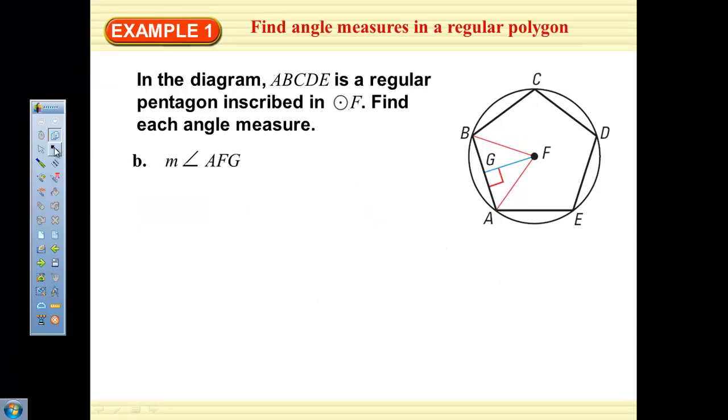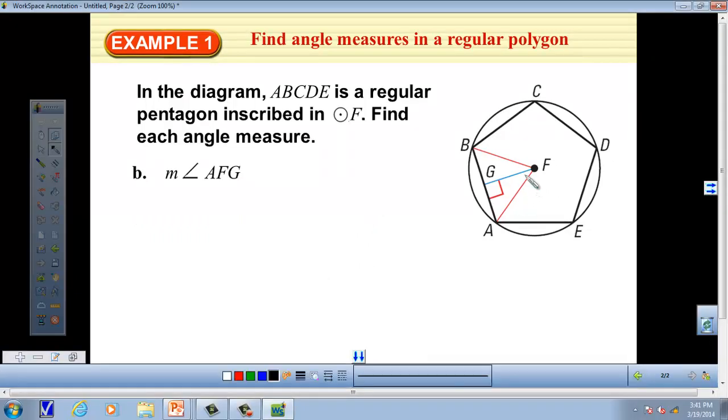The next thing we want to find is angle AFG. Now remember, we told you this whole angle here was 72. Since this is an isosceles triangle, you can tell because those are both radii, that means that this line right here is an angle bisector. It's also an altitude. It's also a perpendicular bisector. But the important thing is it's an angle bisector.